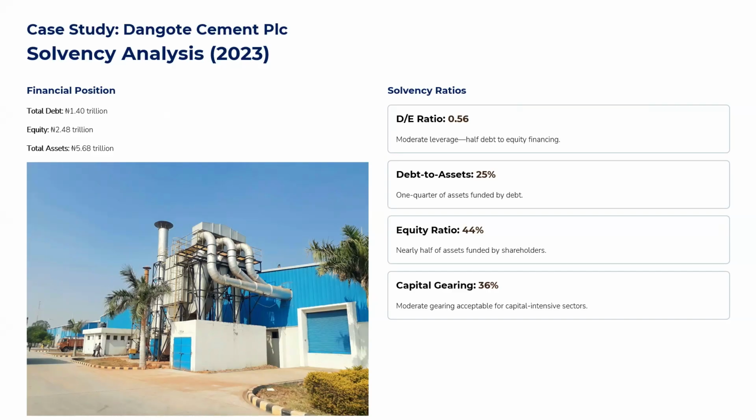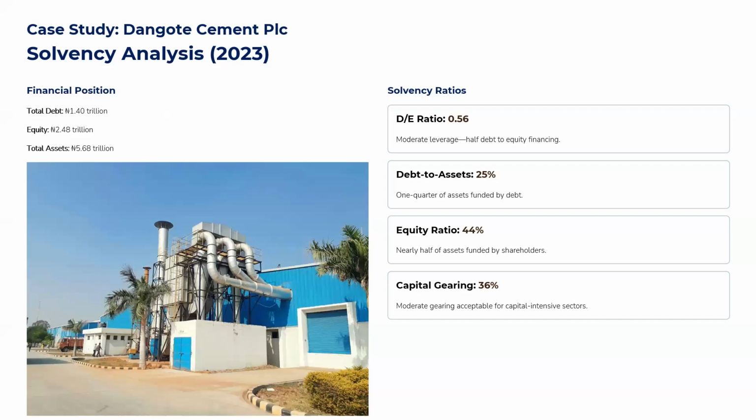If you do that calculation, we get 56% or 0.56. So 0.56 is a moderate leverage, which is saying that our debt is almost half of our equity.